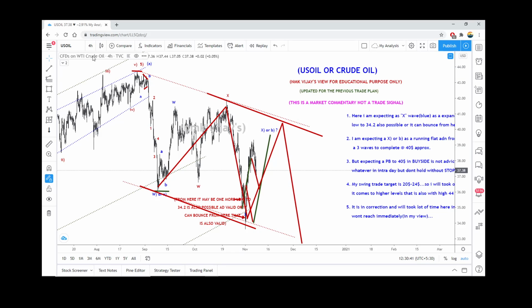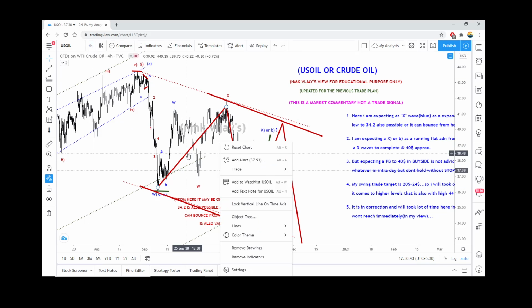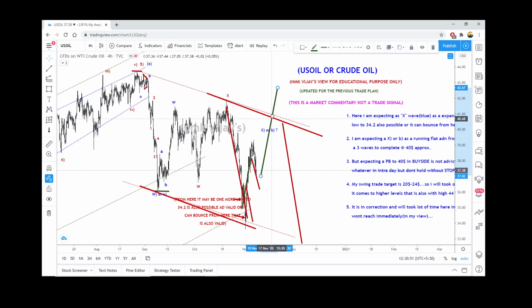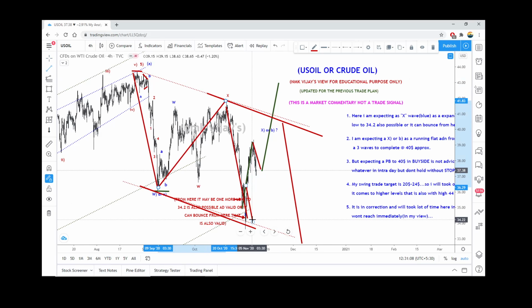And as per this analysis, see, this is one case, or either it could be in the three-wave structure also. So ABC is the W, X, ABC, it's already over, means this one A, B, and C got over.